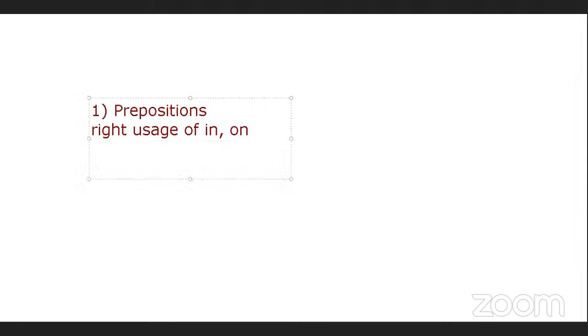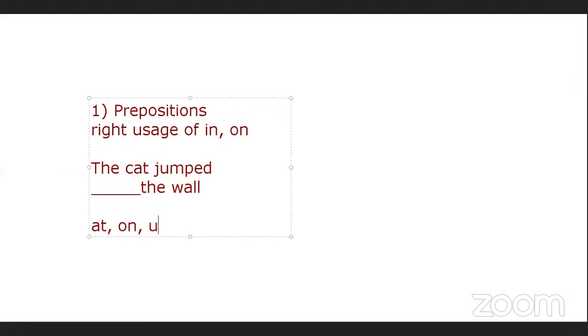Let's take an example. If I say, the cat jumped dash the wall, and I give you options, what do you think is the right option?